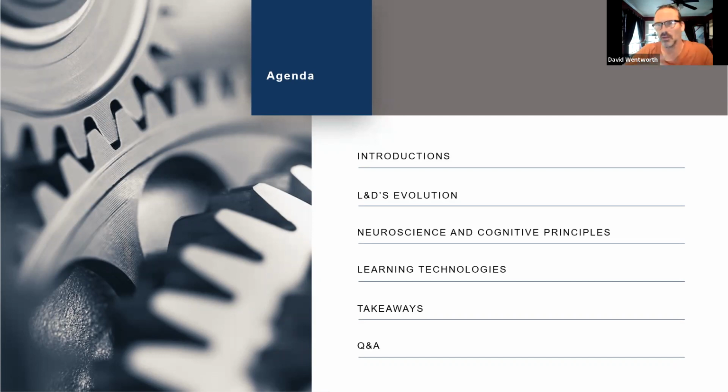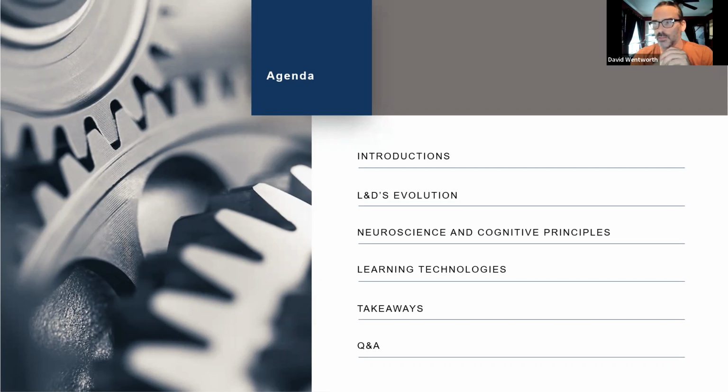So we'll get into a little bit of how L&D is changing, and that evolution has obviously accelerated quite a bit over the last couple of years. We're going to get into a little bit more specifics around the ideas around neuroscience and cognitive principles within learning as it comes to making that connection between learning and what people are doing for the business.